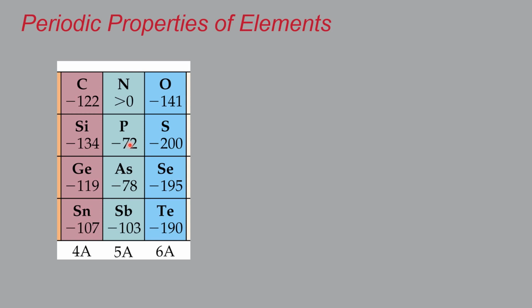So why would that be? Well, the group 5A elements, so nitrogen, phosphorus, arsenic, and such, have electron configurations ns2 and p3. And adding that extra electron would produce a negative ion with the electron configuration ns2 and p4.